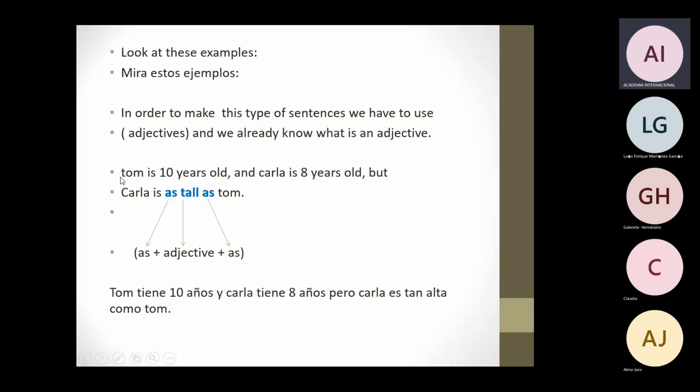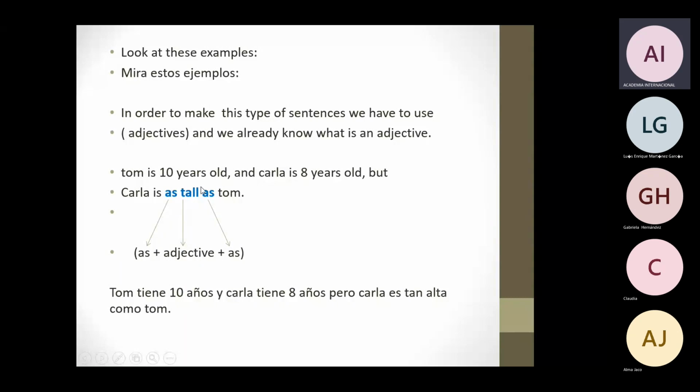Ahora, look at this example. Tom is 10 years old and Carla is 8 years old. But Carla isn't as tall as Tom. And here we are using the structure as, adjective, and as.